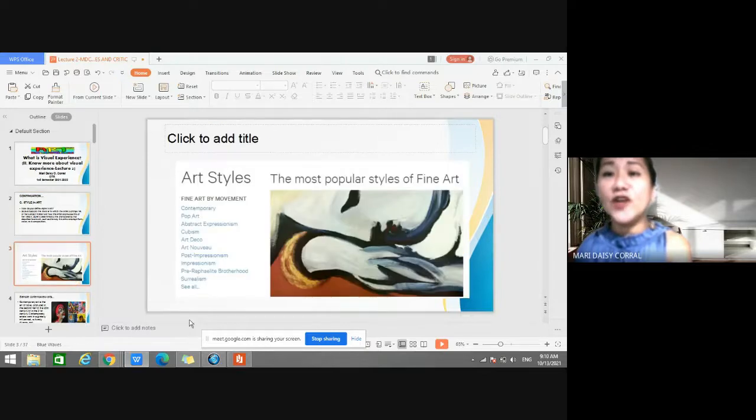So basically, the common ones are the contemporary, the pop art, the abstract expressionism, cubism, Art Deco, Art Nouveau, post-impressionism, impressionism, and then we have surrealism and many more. So we will discuss along the way.